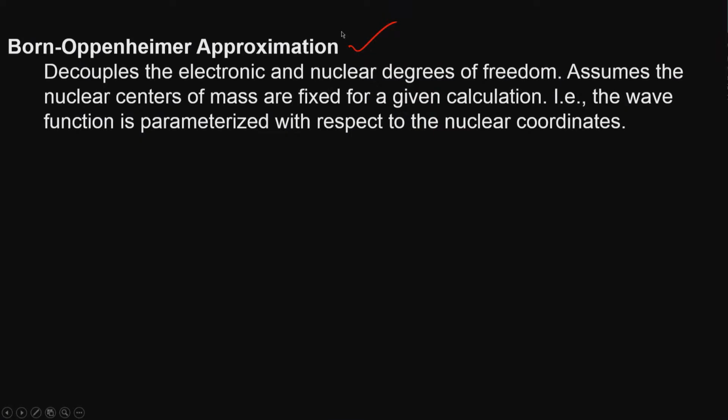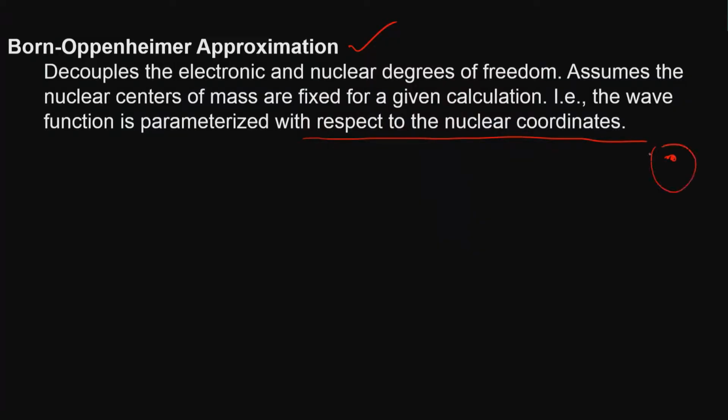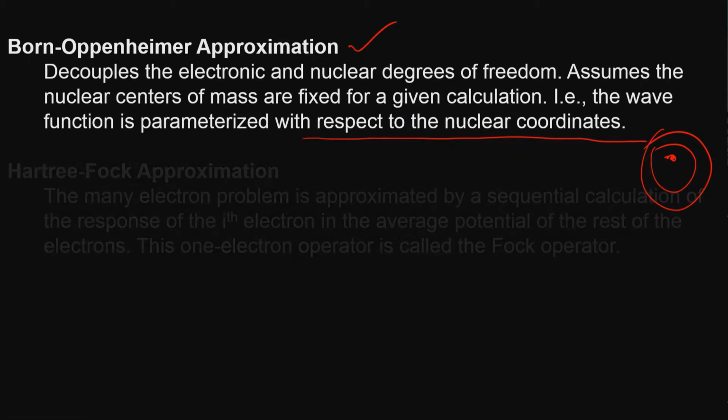The wave function is parameterized with respect to the nuclear coordinates. Remember that. It is like assuming the sun is fixed and all the planets revolve around it. Although you know the sun also moves, and the planets also move, so the calculations become more difficult, as a first approximation we can always assume the sun is fixed and all the planets are going around. That is the Born-Oppenheimer approximation.